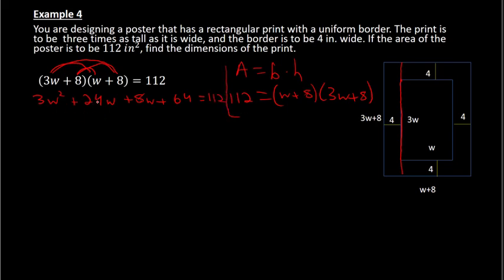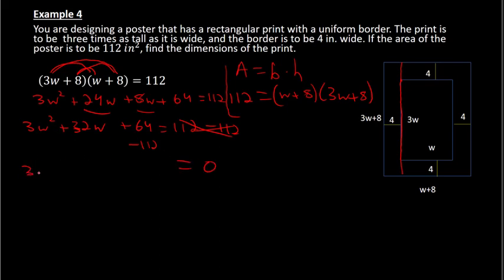All right, so then from here we can combine the 24W plus 8W. That would give me 32W. So 32W plus 64 equals 112. And then we want the 112 over on the left side. We do that by subtracting 112. So that gives me a 0 on the right side.